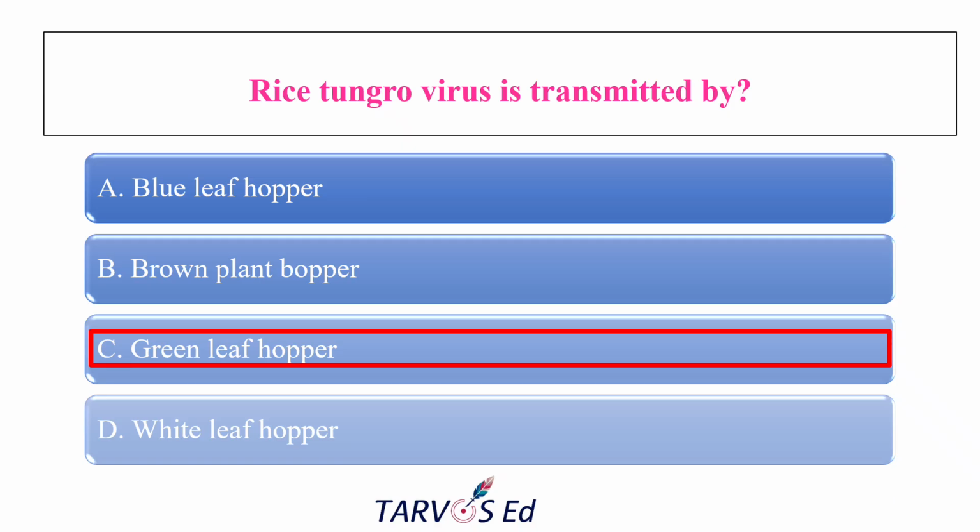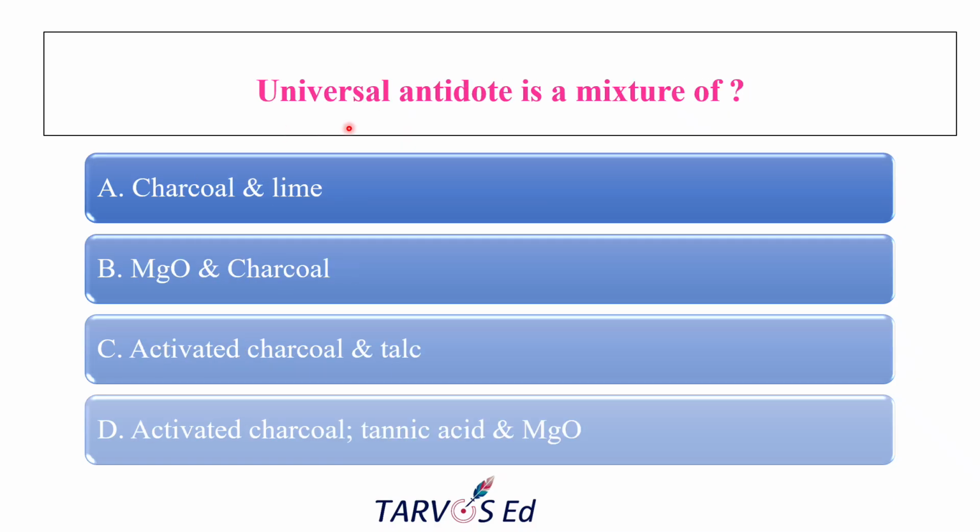Okay. And the next question is, universal antidote is the mixture of. What is an antidote? Antidote is the substance which counteracts the effect of poison or toxin. Okay, so how it usually works, it will prevent the poison from being absorbed and also neutralize the poison and block the poison from acting on its target site.